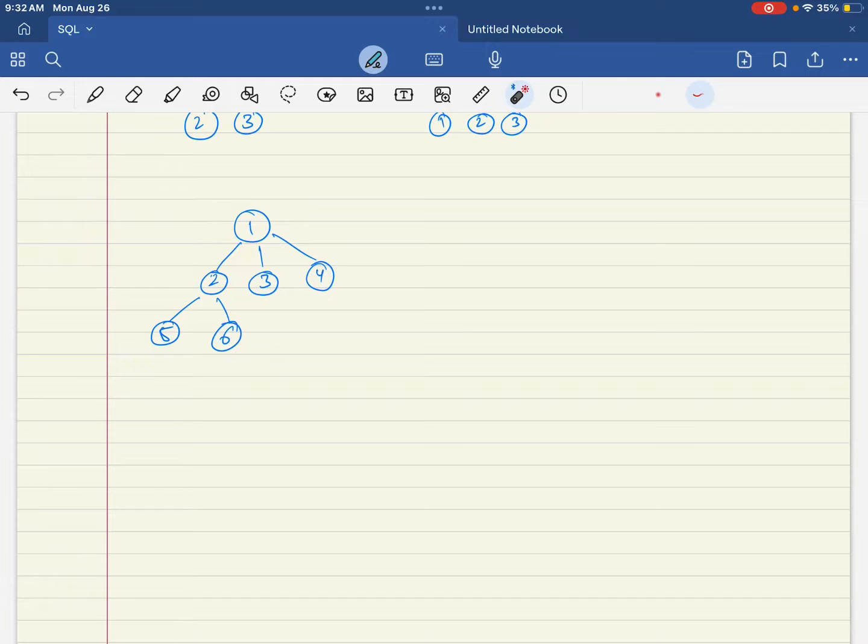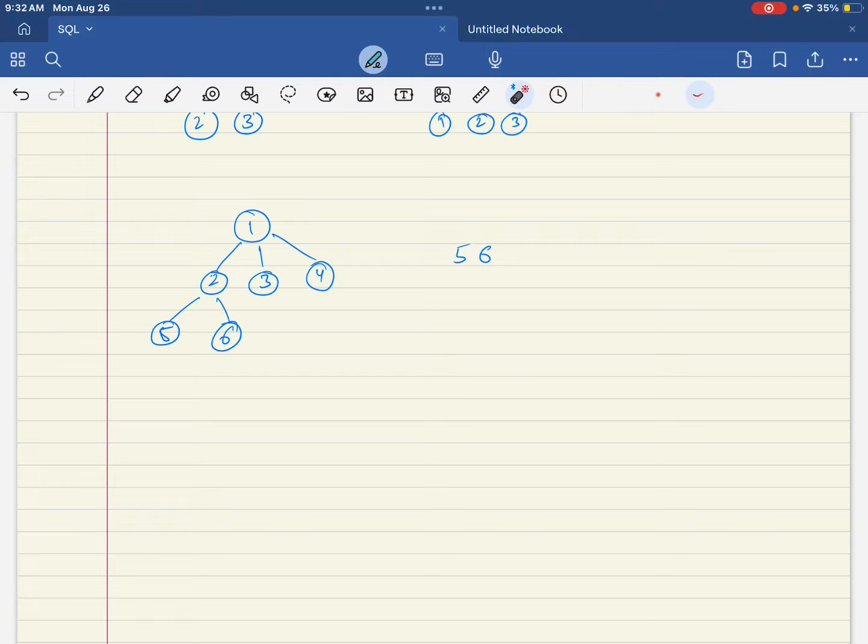It does not have any further children, so we process it. After 5 we go to 6, because it is the next child and we are moving left to right in postorder traversal. So the next would be 6.